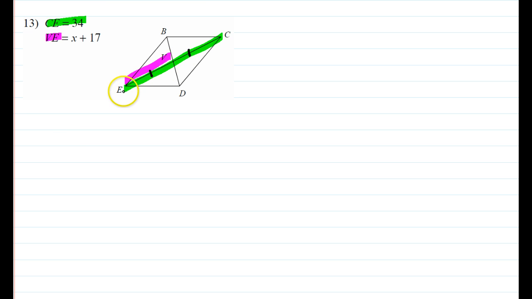So that means if the whole thing is 34, half of it would have to be, if you're not sure about what half of 34 is, just divide it by 2. Okay, so half of 34 is 17. So that means that this piece here and this piece here are 17.